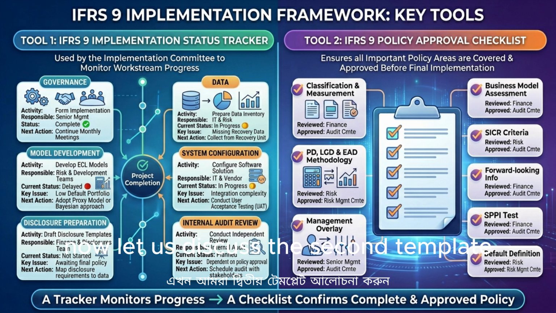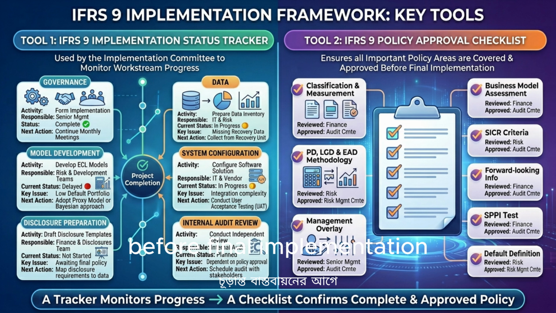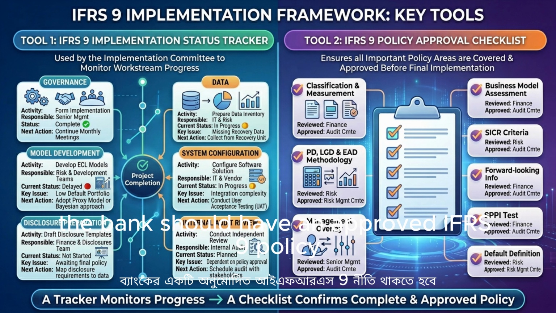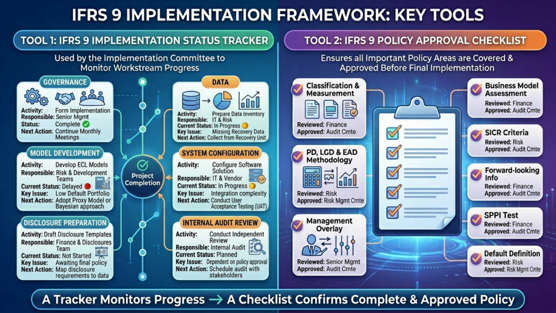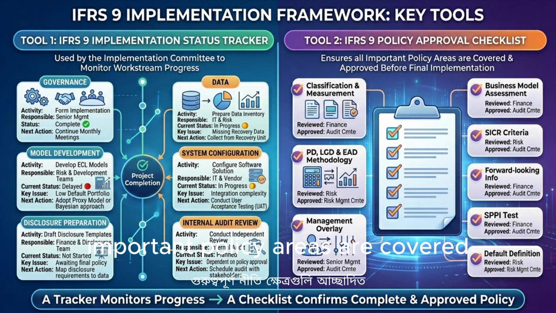Now let us discuss the second template, the IFRS 9 Policy Approval Checklist. Before final implementation, the bank should have an approved IFRS 9 policy. This checklist helps ensure that all important policy areas are covered.